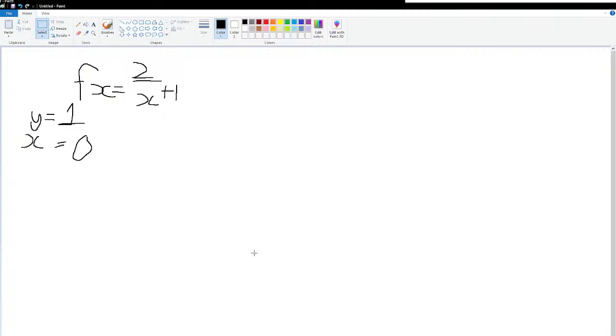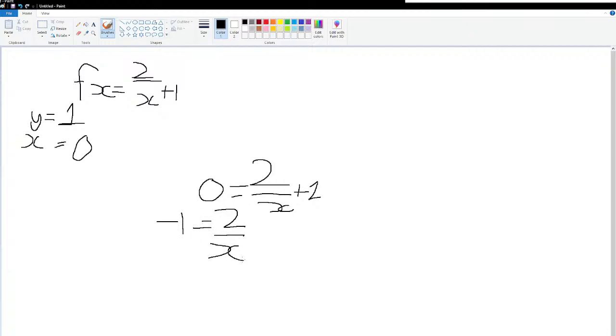So, and then if we were to make the f(x) into 0, and we go 2 over x plus 1, we're going to take the 1 over to here, so it's going to be -1 equals 2 over x.